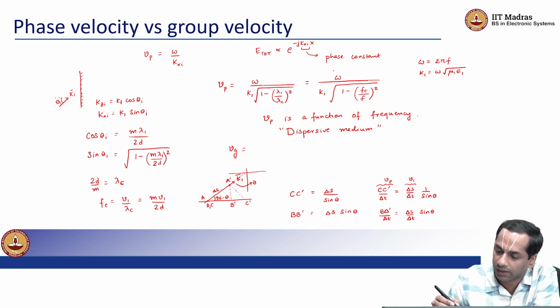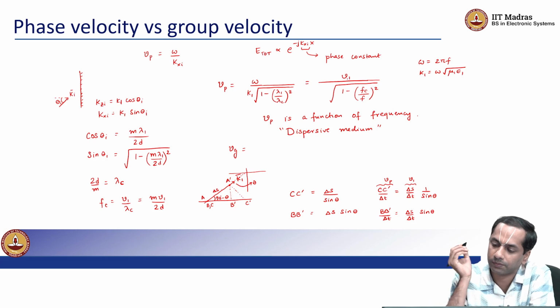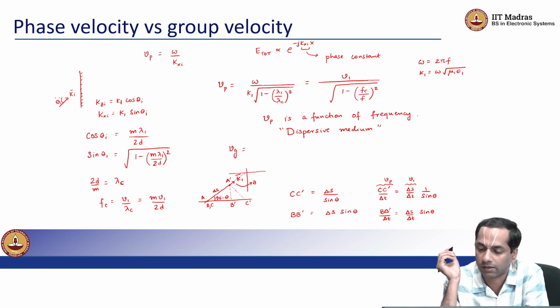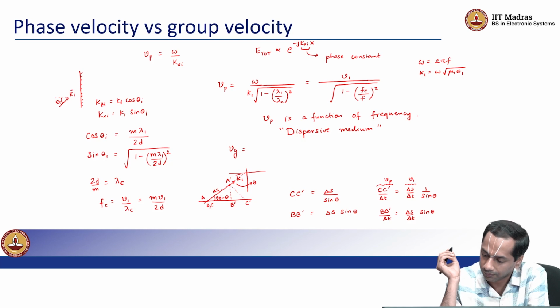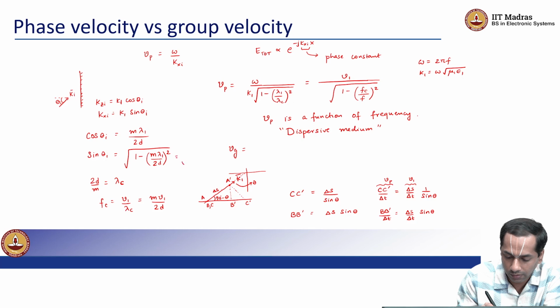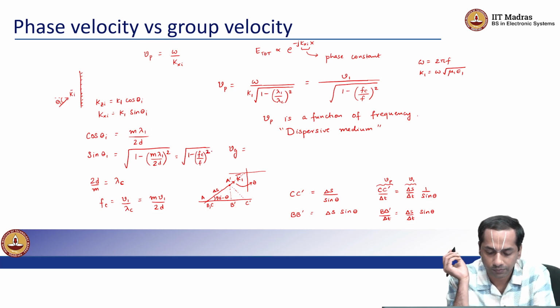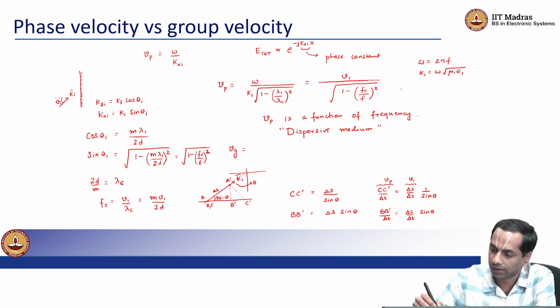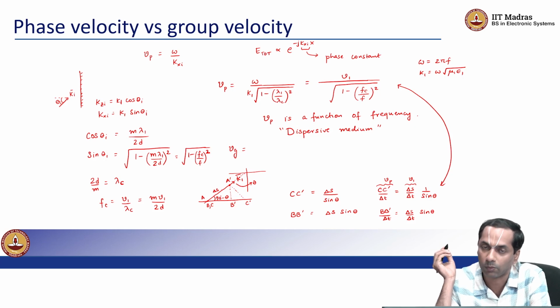Of course we are seeing the same thing here. So omega by k1 can be written as v1, that is the speed of the electromagnetic wave, and sine theta is the square root of 1 minus fc by f the whole squared. So we notice that this relation corroborates with this: v1 by sine theta.